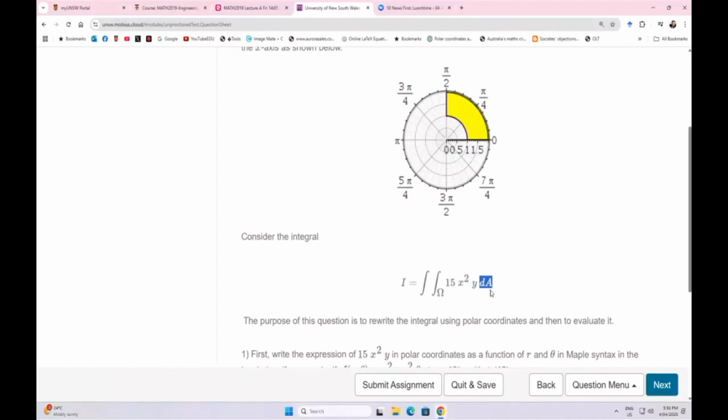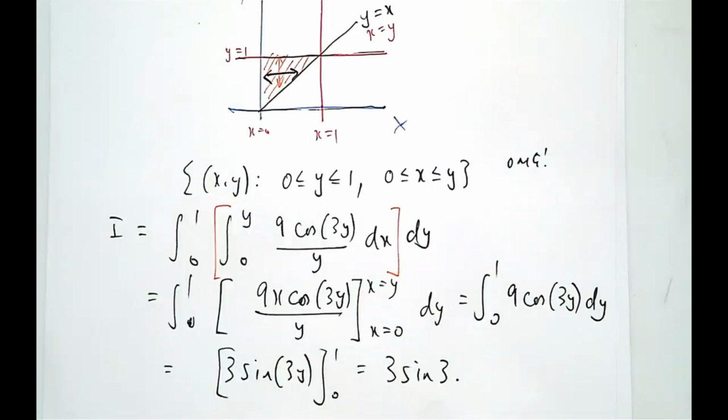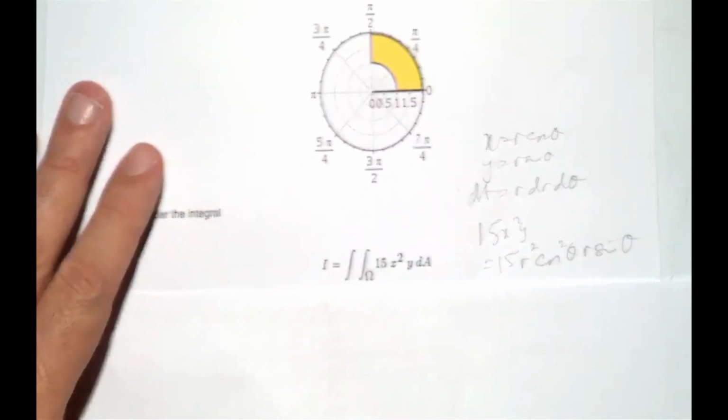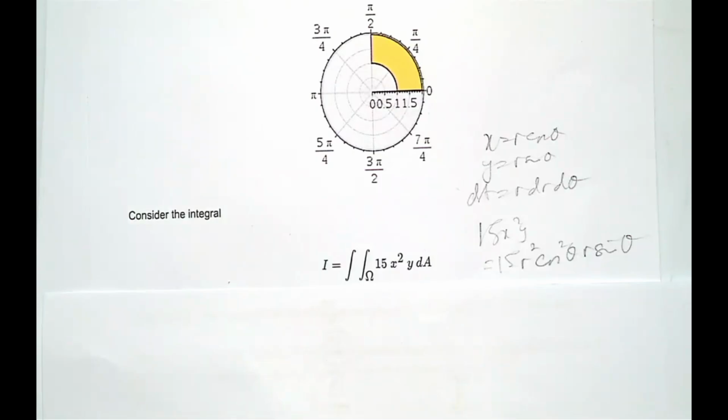Here's one that I've done earlier. You can see here, I've just scratched it out. x equals r cos theta, y equals r sine theta (don't write like this, be better than me), dA equals r dr d theta. 15x squared y is 15 r squared cos squared theta times r sine theta.